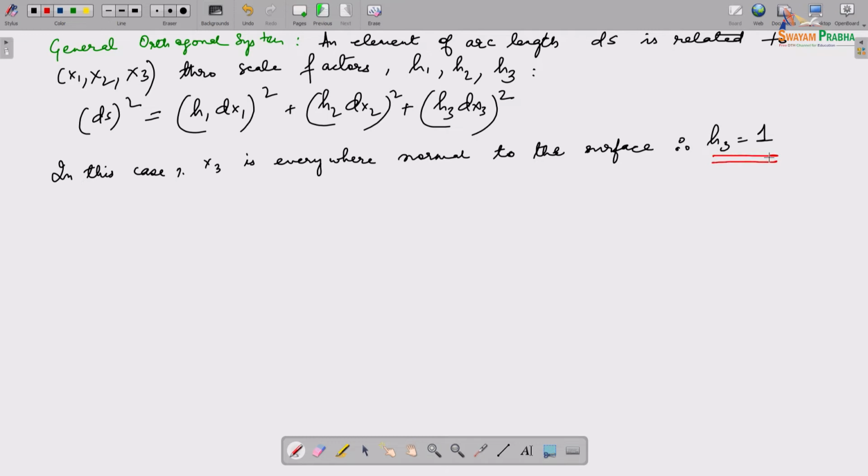Now I'm going to speak briefly about the scale factors. If the scale factors are not known, you can develop your own surface and put it in this form.